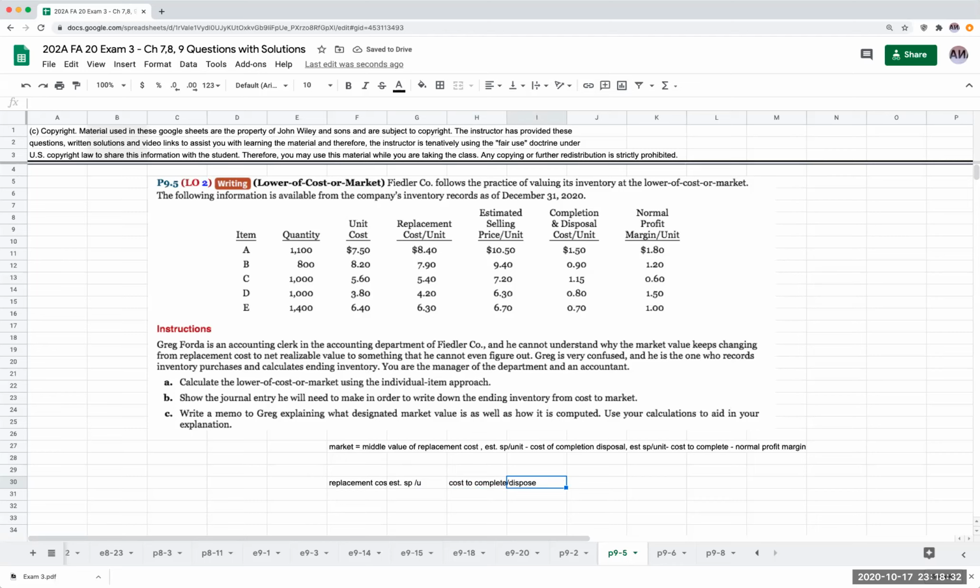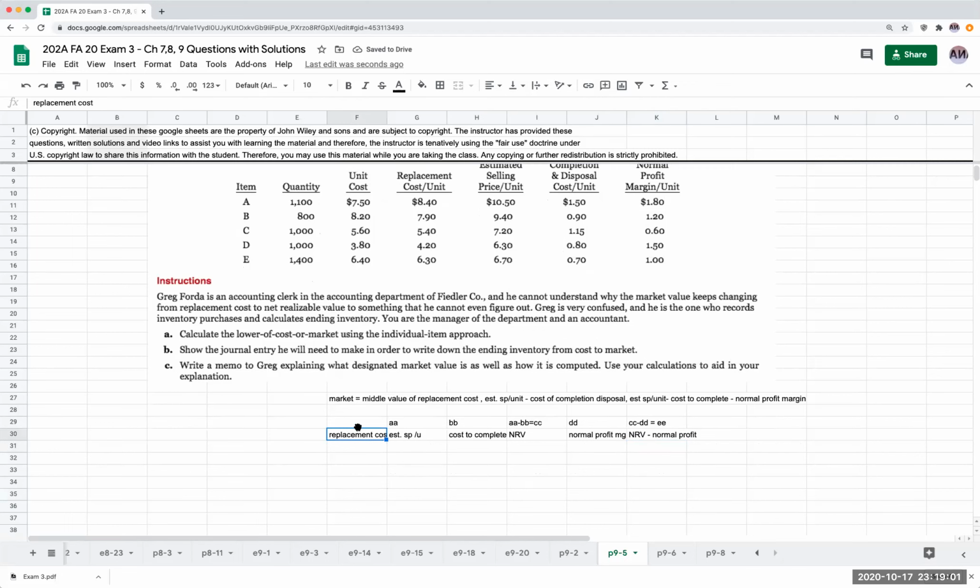So our net realizable value is AA minus BB equals CC. The net realizable value minus a normal profit margin, we'll call this DD. So CC minus DD equals EE, which is NRV minus a normal profit.